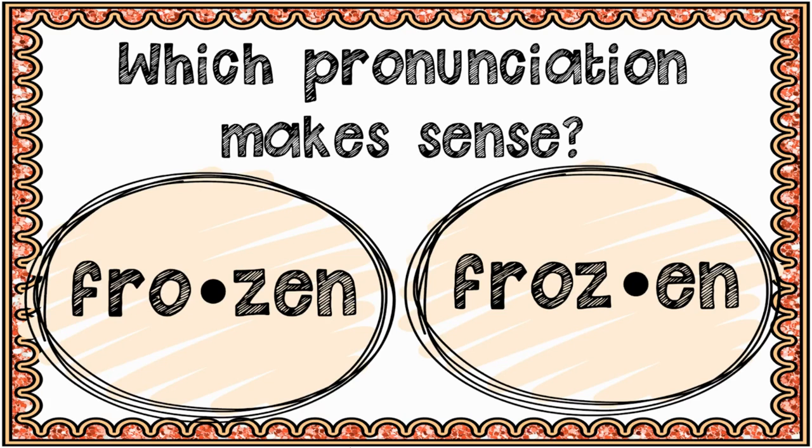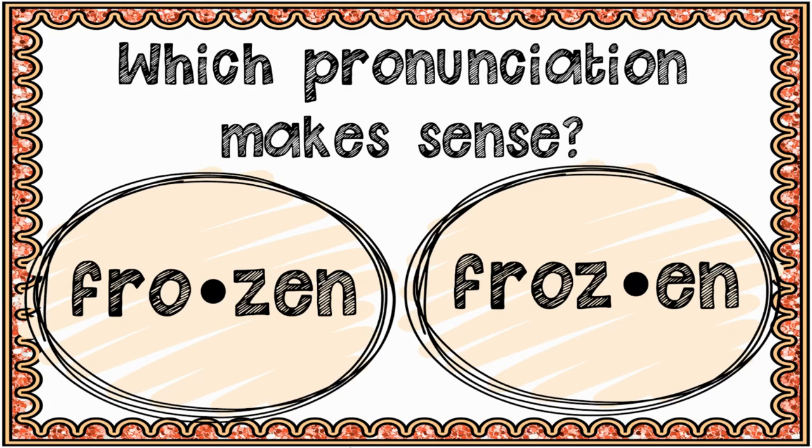You try this one. The sentence is, the water was blank solid. Look at our two examples. How would we pronounce that first one where we divide right after the O? Did you say frozen? How about the second example?